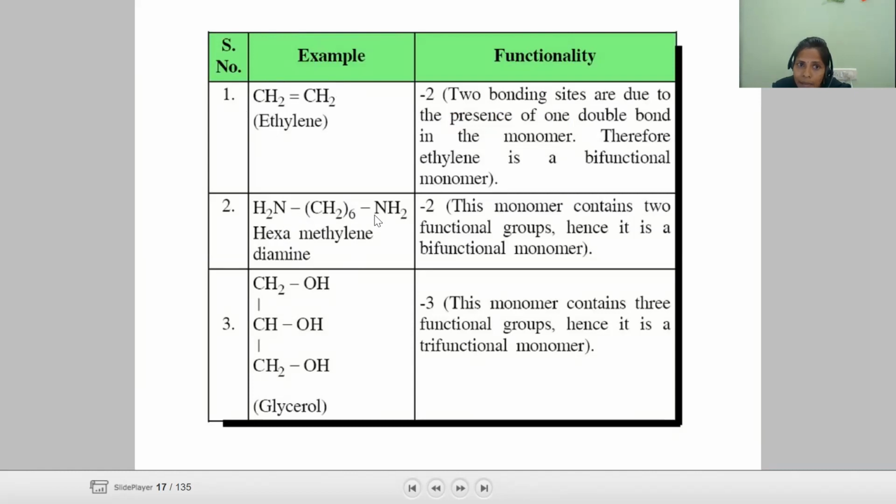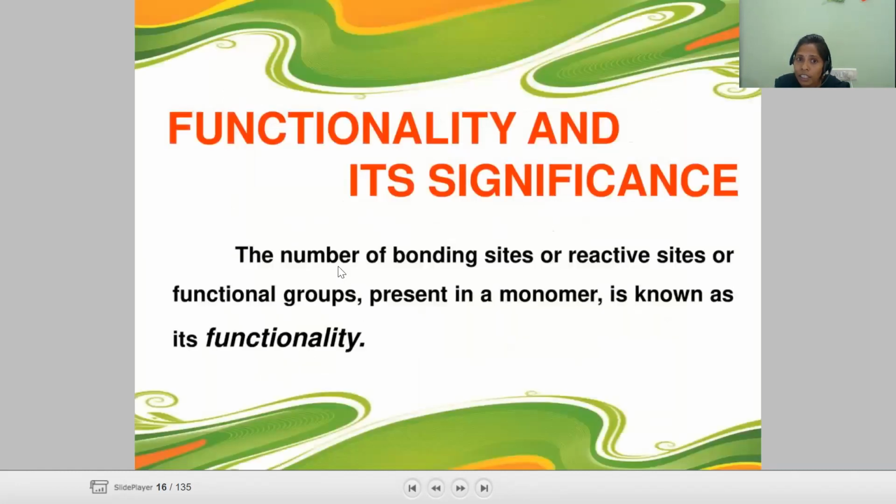And in this example, is there any double bond? There is no double bond. So what is the functionality? Is the functionality 0? No, the functionality is not 0, even though there is no double bond. What is the definition of functionality? The number of bonding sites, or the reactive sites, or functional groups.